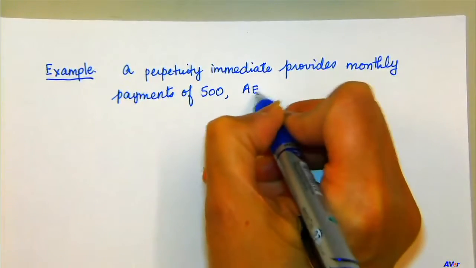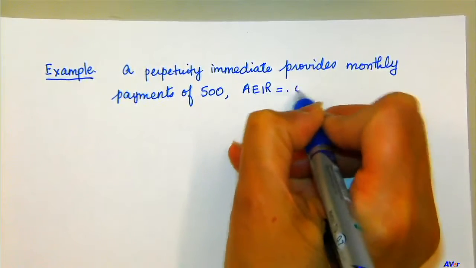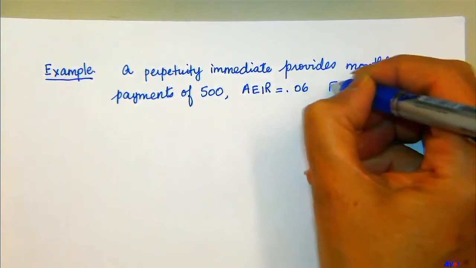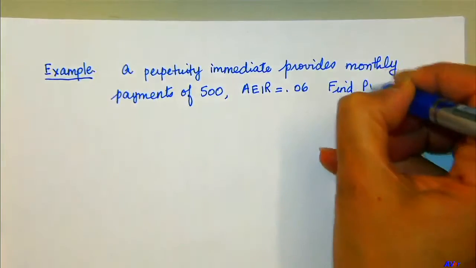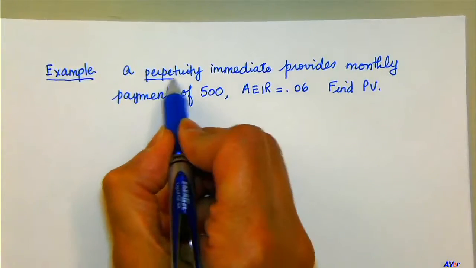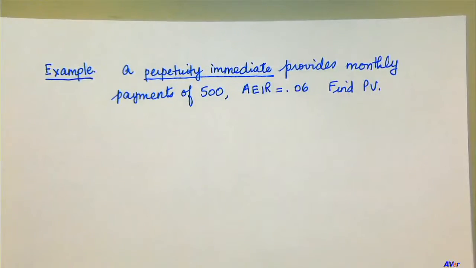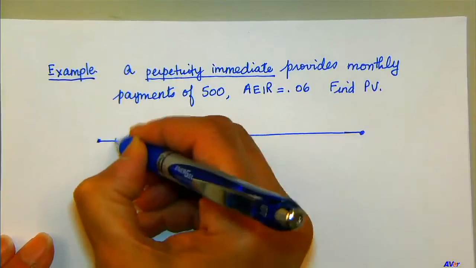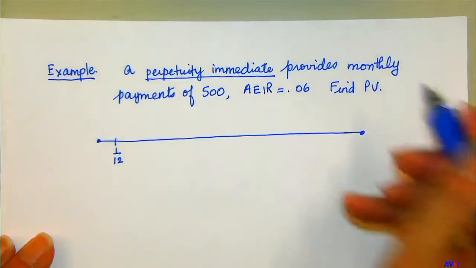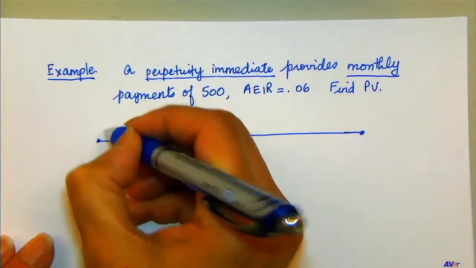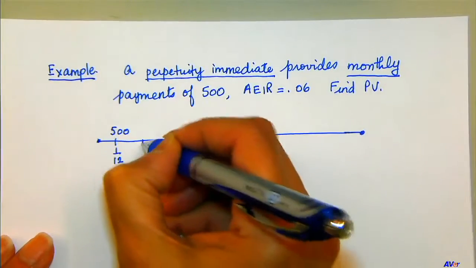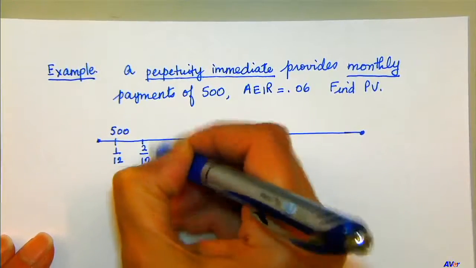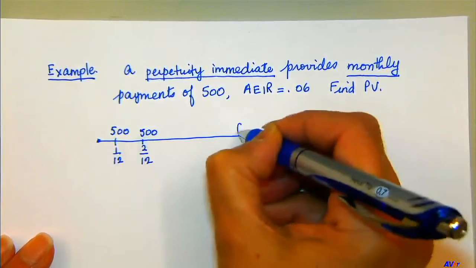Annual effective interest rate equals 0.06. Find the present value. This time it's a perpetuity, not an annuity ending at time n. So timeline: time 1/12, 500, time 2/12, 500, and so on, forever.